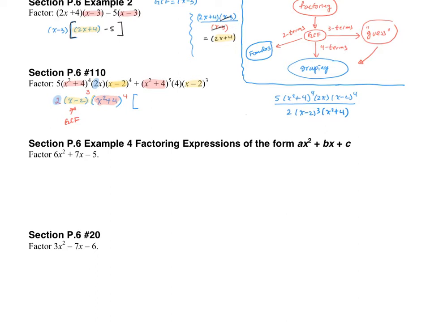You can see that the x squared plus 4 will cancel this one. The 2 will cancel this 2. This one is cubed, this is a 4, so this will cancel. You only have one left.